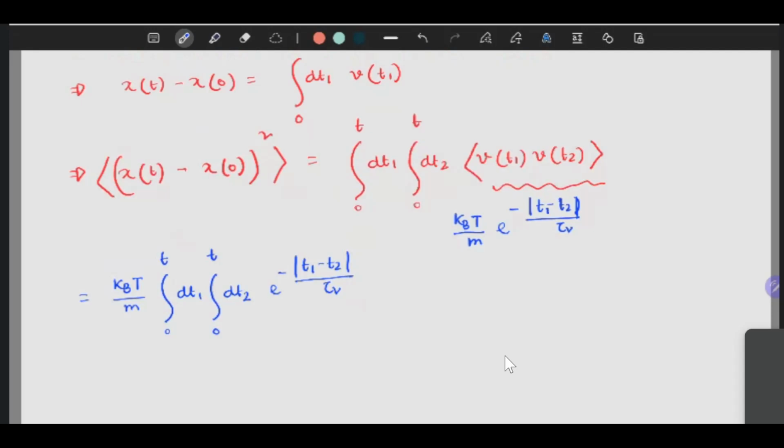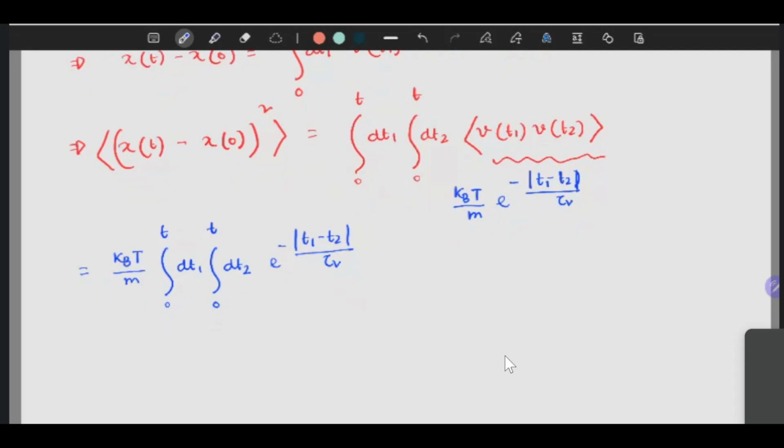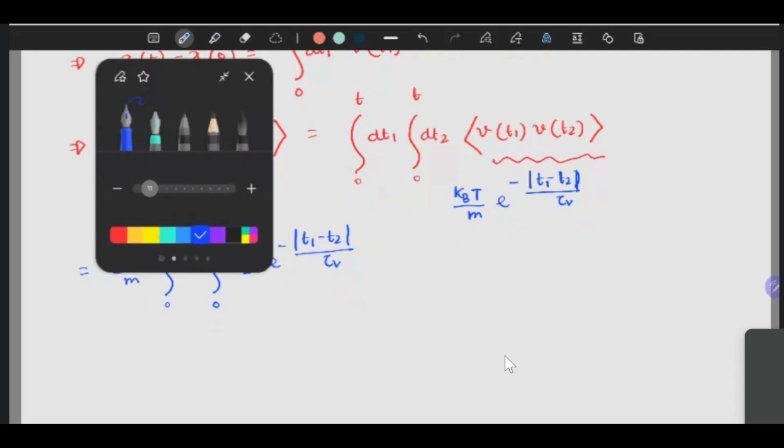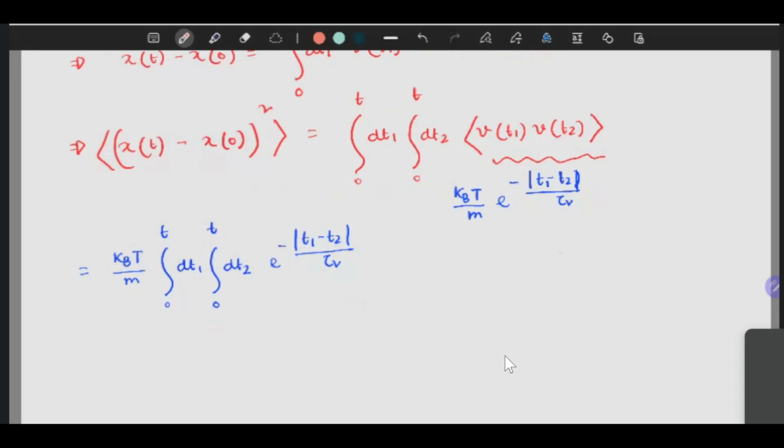Now to solve it, since there are two variables t1 and t2, so this is t2 and this is t1, and what will be the t1 t2 graph? So this line will be t1 is equal to t2.